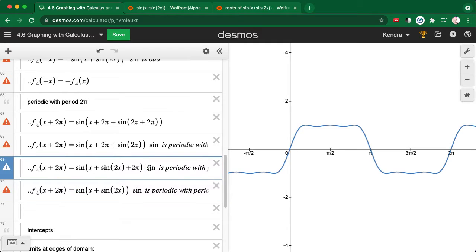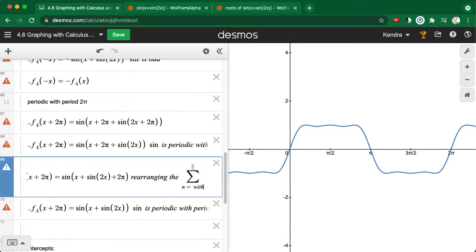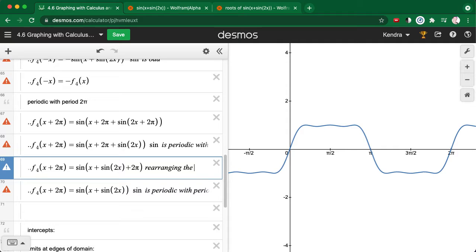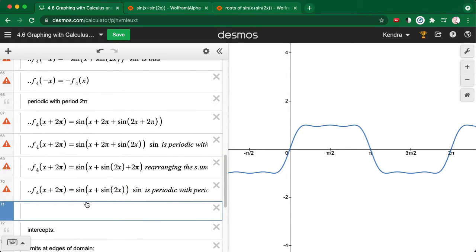And this is just rearranging the sum. Okay, so this is basically my justification.